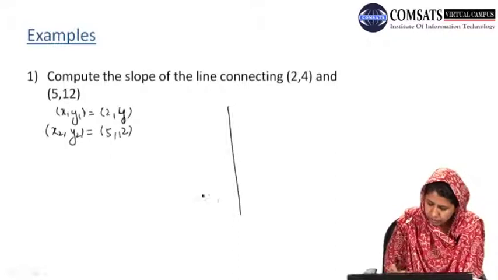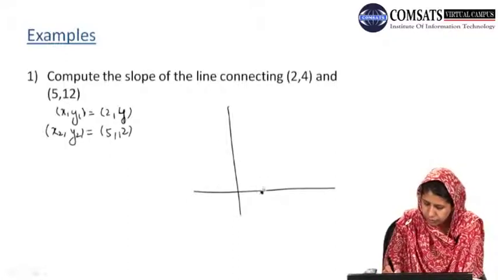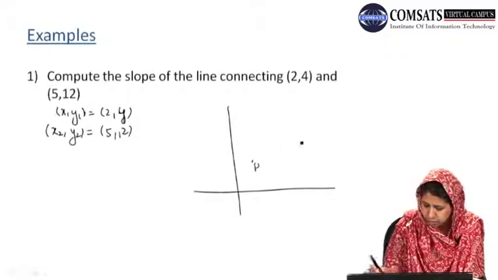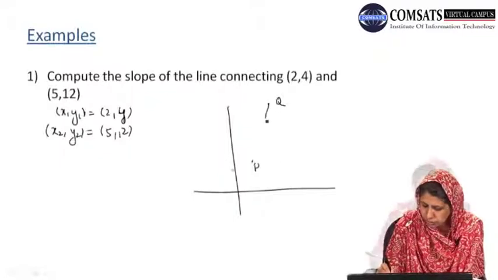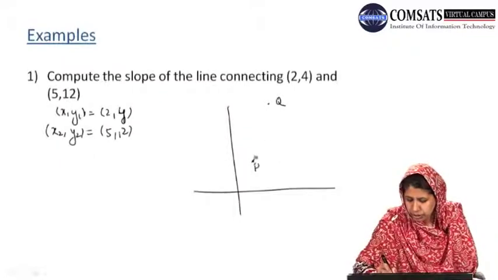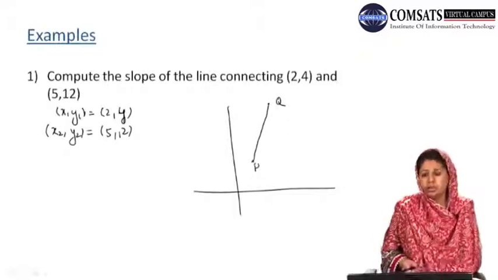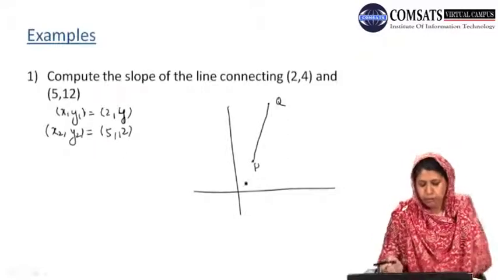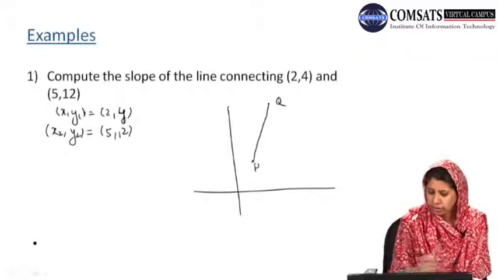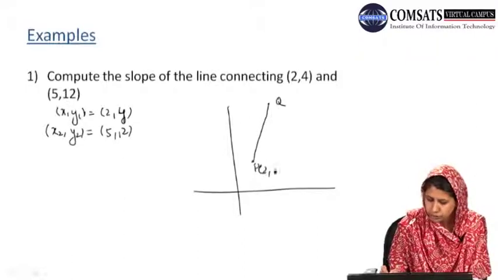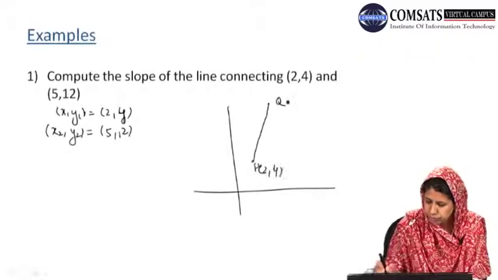Both lie in the first quadrant. This may be the point 2, 4, we call it P, and this may be the point 5, 12, we call it Q, and this will be the line joining the points P and Q.